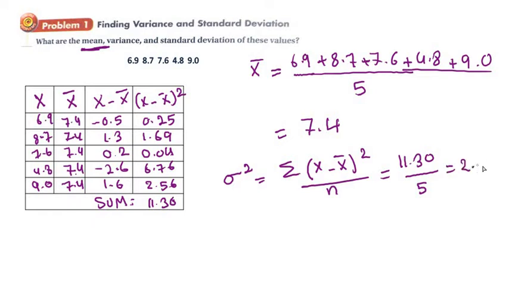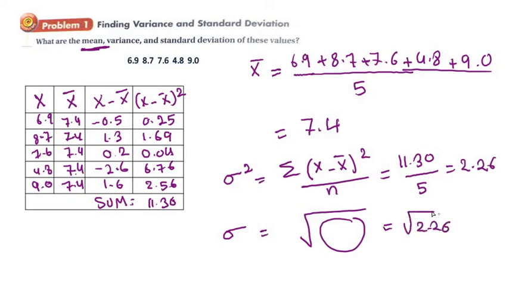And this is 2.26. Now sigma is the square root of this expression, or the square root of 2.26, which is about 1.5.